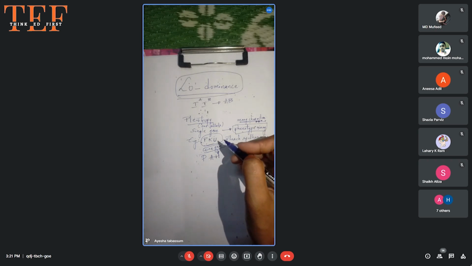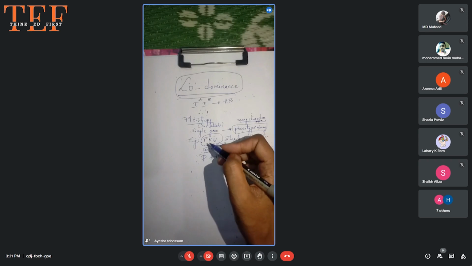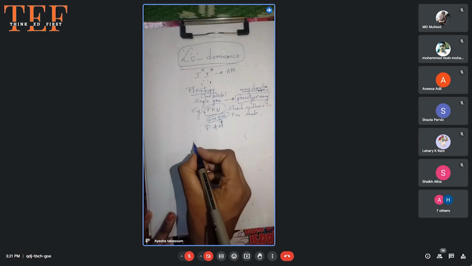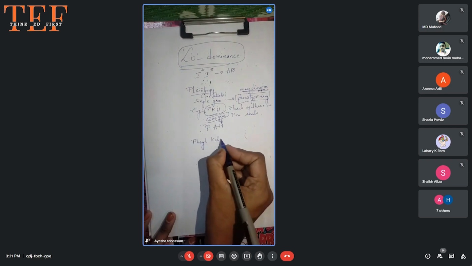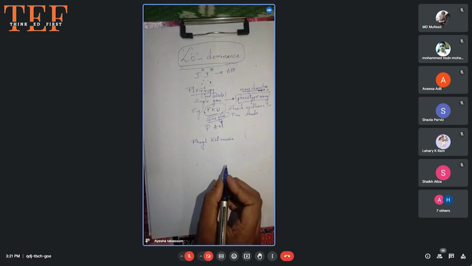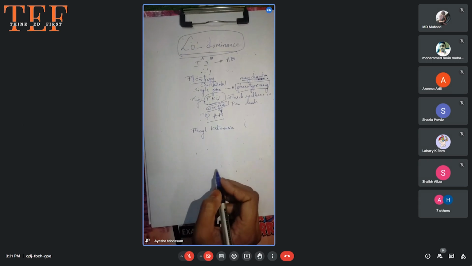This disease is also very important. You need to understand what is phenylketonuria. The full form of PKU is phenylketonuria. Here one enzyme will not be synthesized.